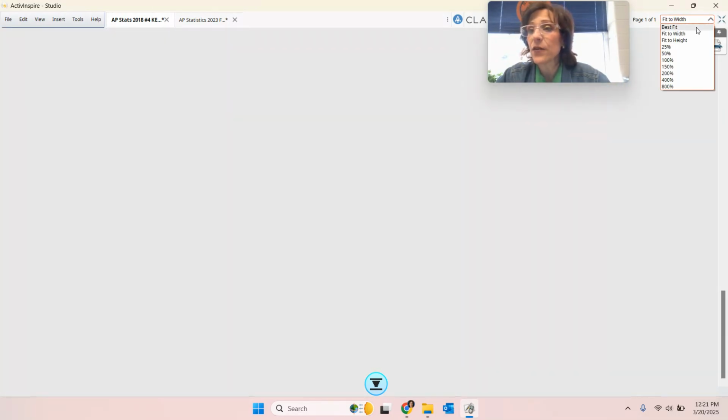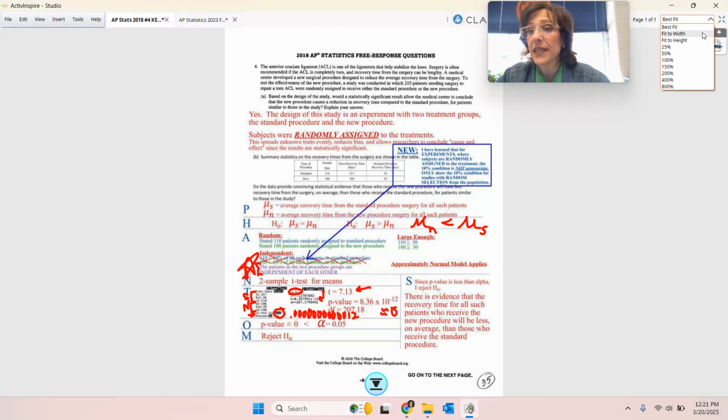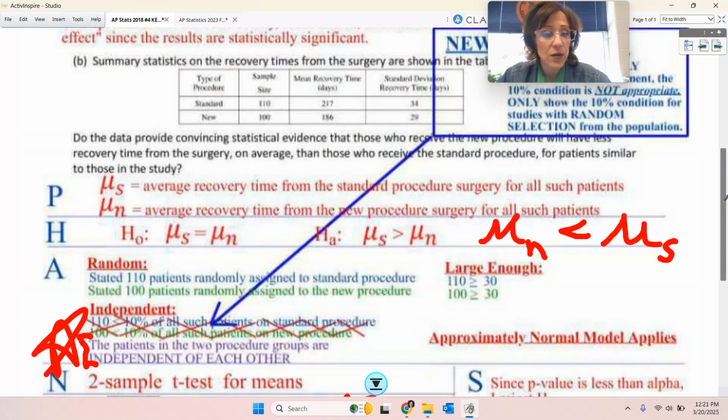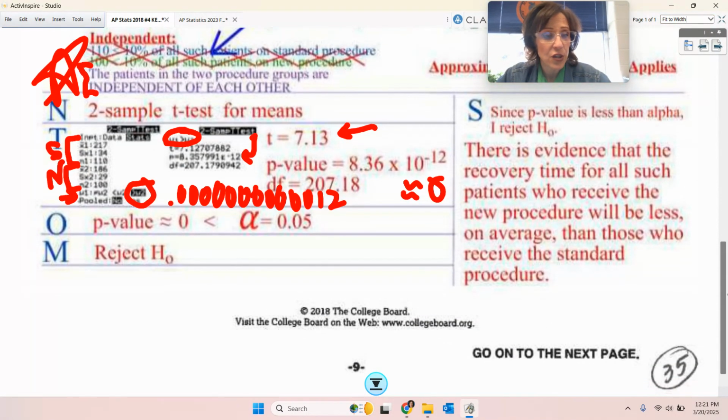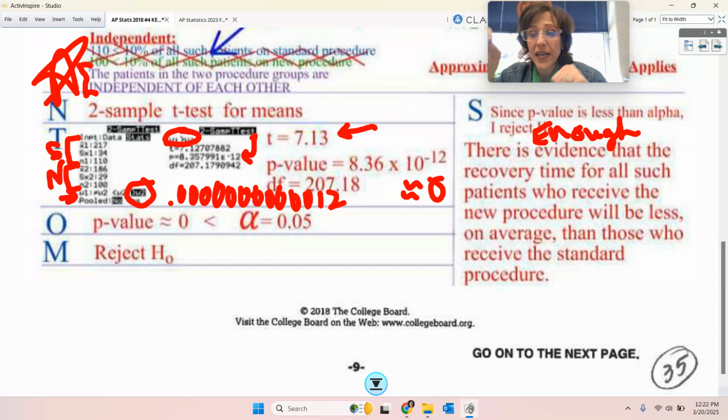All right, so now let's go ahead and make our conclusion, our p-value being essentially 0. Then we're going to go ahead and reject the null hypothesis, and we have enough evidence, remember that, we have enough evidence to indicate that the average recovery time for patients on the new procedure is less than the average recovery time for those on the standard.